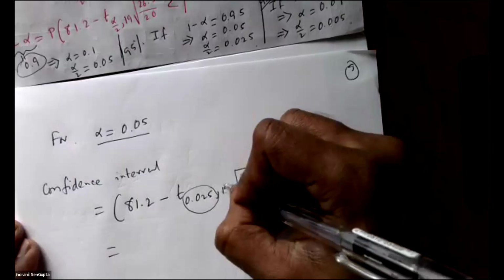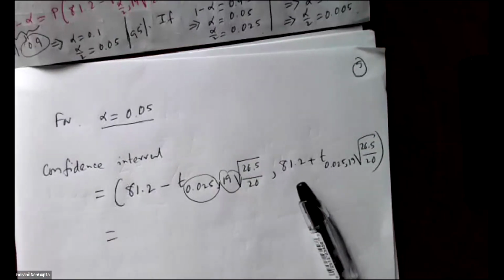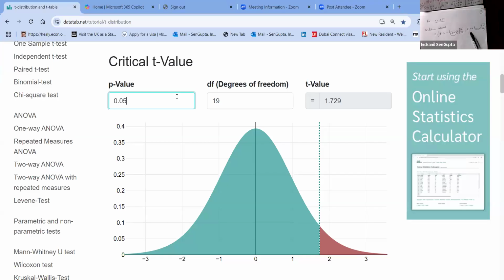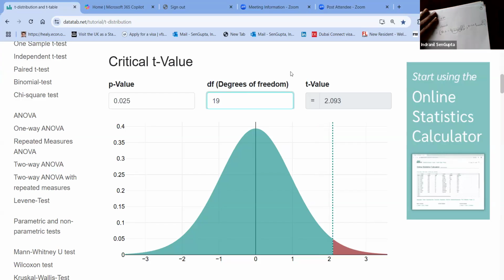So I have to put this value and this value in the table. So let's again share the screen. All I need is the p-value to be 0.025, and this value is already 19. So hit enter, and you end up with 2.09, right? So that is my value. So this t value is what I need.